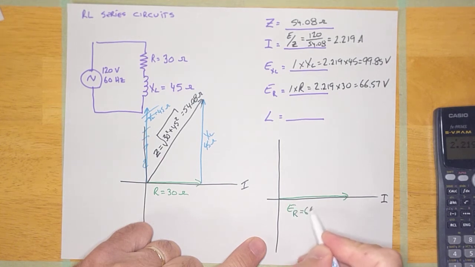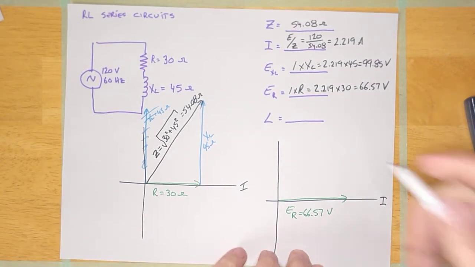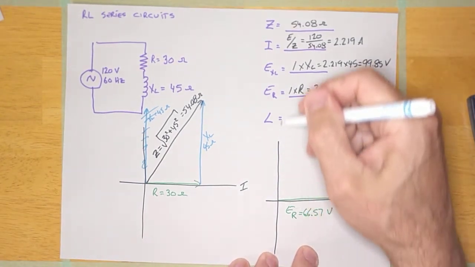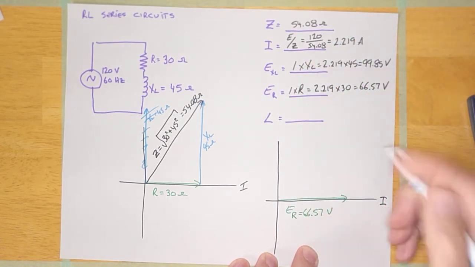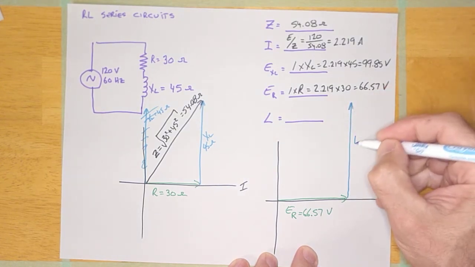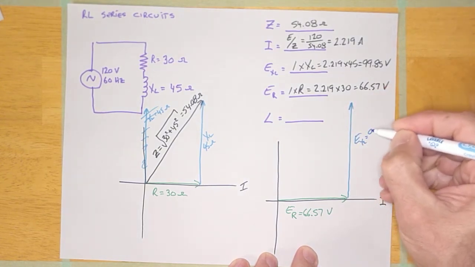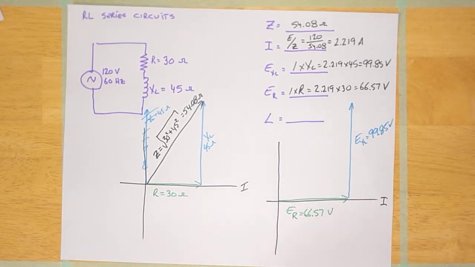ER is 66.57 volts. And the other one would get drawn right here, drawn so that the current is clockwise or lagging by 90. So I'm going to draw it right there. This is going to be EXL, 99.85 volts.